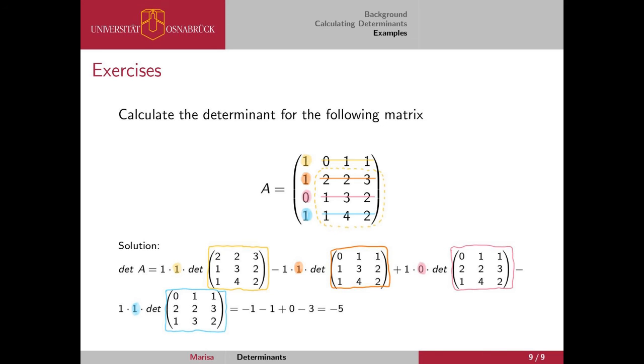So for the yellow one, which is the first one in our formula, we cross out the first row and the first column. And then what is left is this matrix 2, 2, 3, 1, 3, 2, 1, 4, 2. And we multiply this with the first value of the first column.